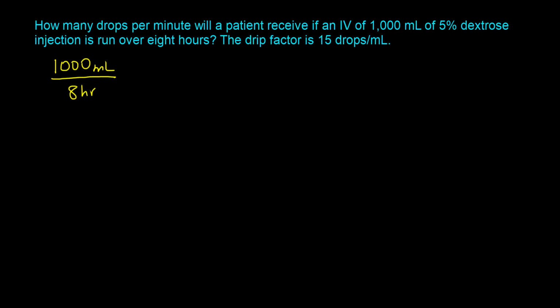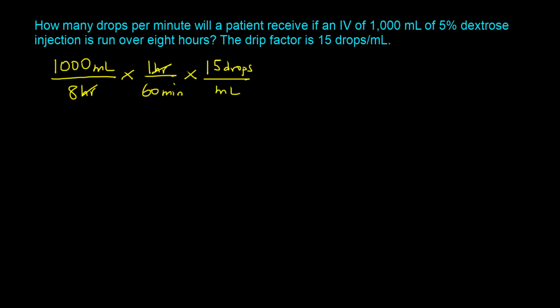We need to convert the hours to minutes. So we use the conversion factor: 1 hour is 60 minutes. So now the hours cancel out, and then we multiply all of this by the drip factor. So that will be times 15 drops per milliliter.